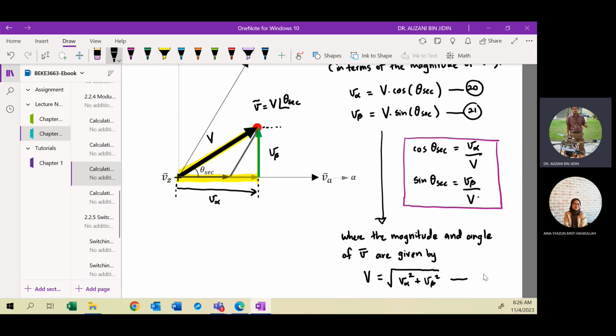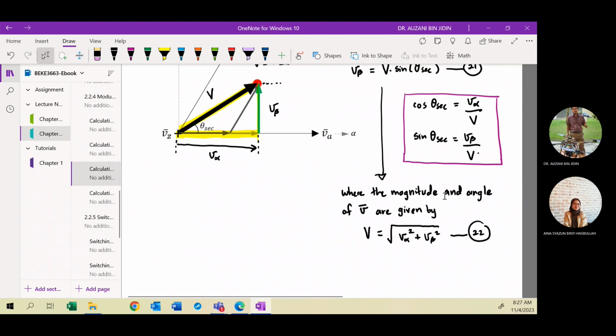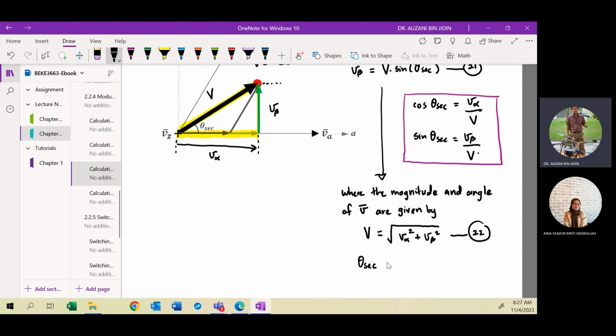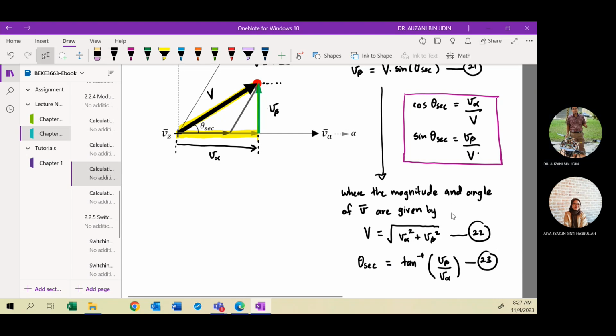This is equation 22. And the angle theta sector is the arctangent, tangent minus 1, of the ratio between V beta and V alpha. So this is equation 23. Simple, right?